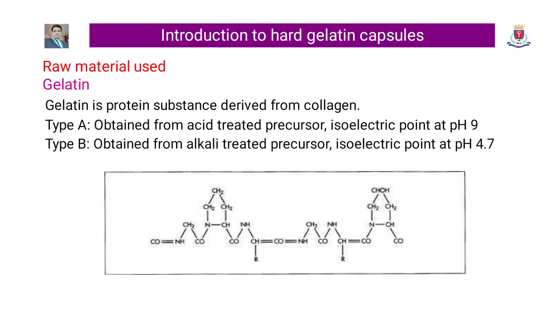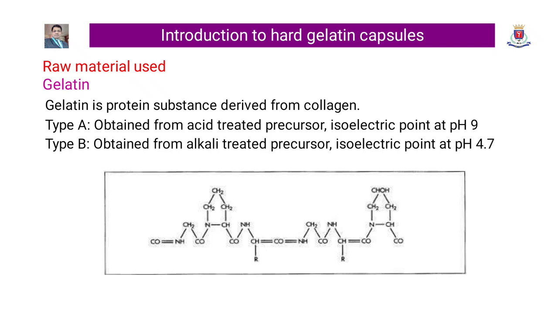Raw material used: gelatin is the chief raw material in preparation of hard gelatin shells. Gelatin is a protein substance derived from collagen. There are two types of gelatin, type A and type B. Type A gelatin is obtained from acid treated precursor and its isoelectric point at pH 9.